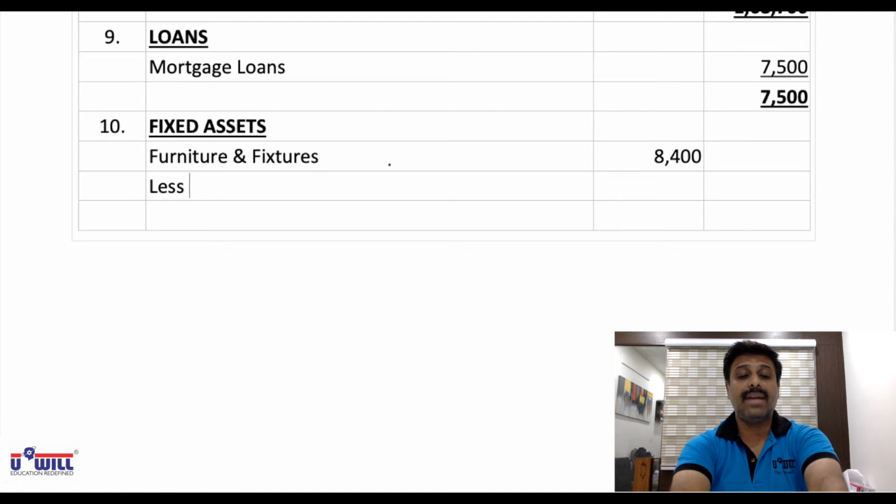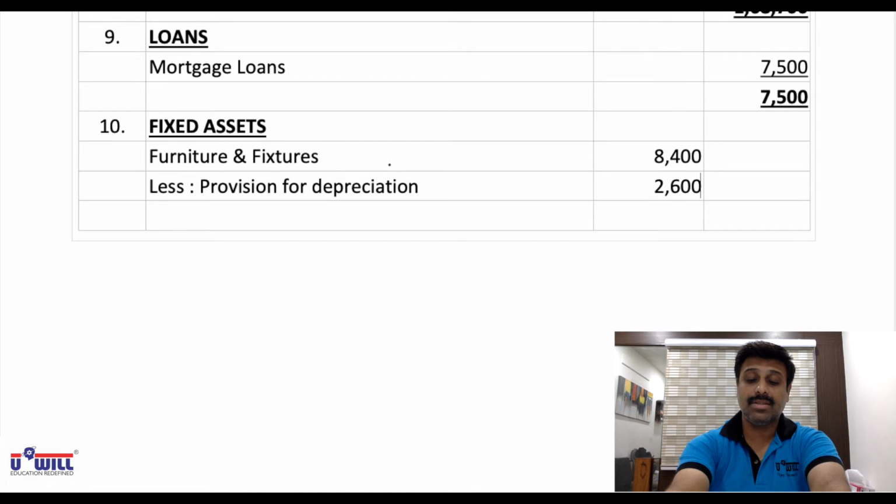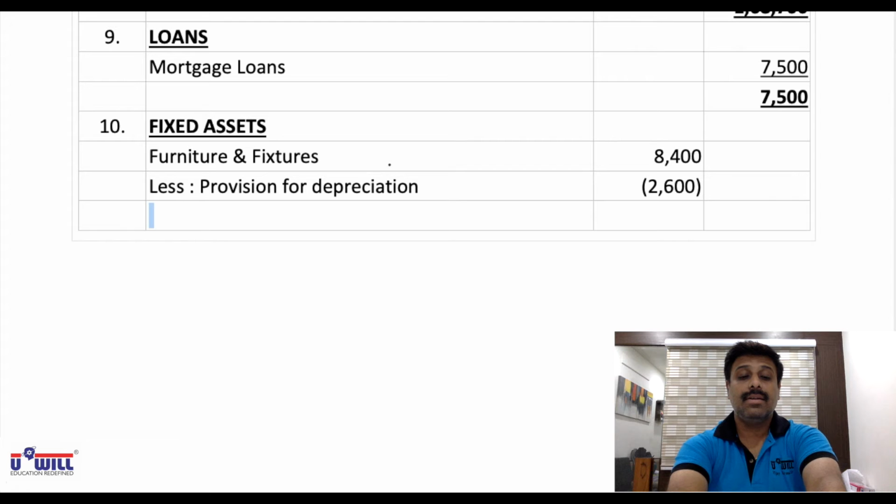In that we will subtract provision for depreciation, which will be 2,600 of past years. And then we will minus current year's depreciation, that is given in the trial balance as 2,000 rupees.